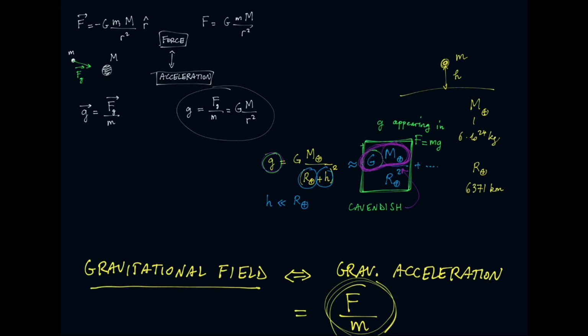No matter what, if you have a distribution of masses, and in this distribution you place a little object of mass m, the gravitational force experienced by this mass will be the combination of all the forces that this mass is experiencing as a result of these surrounding objects. But the gravitational acceleration or field is universal.